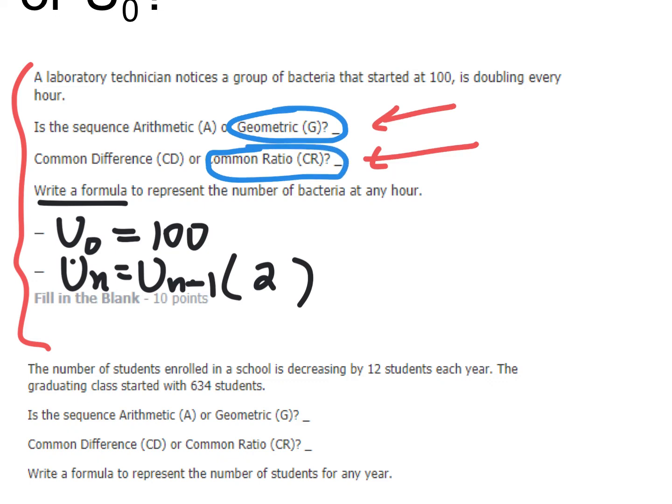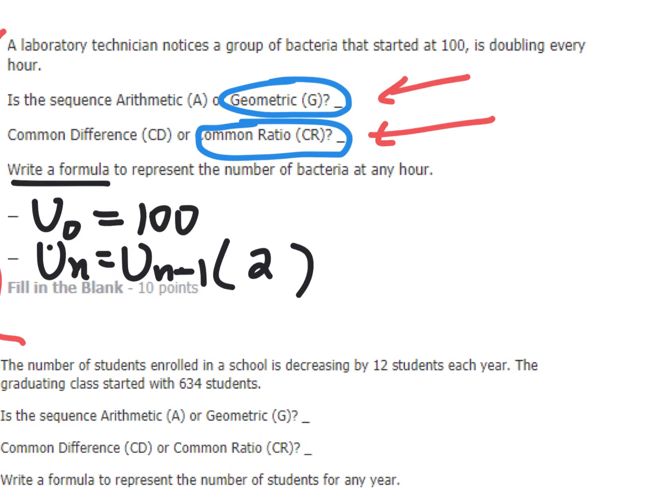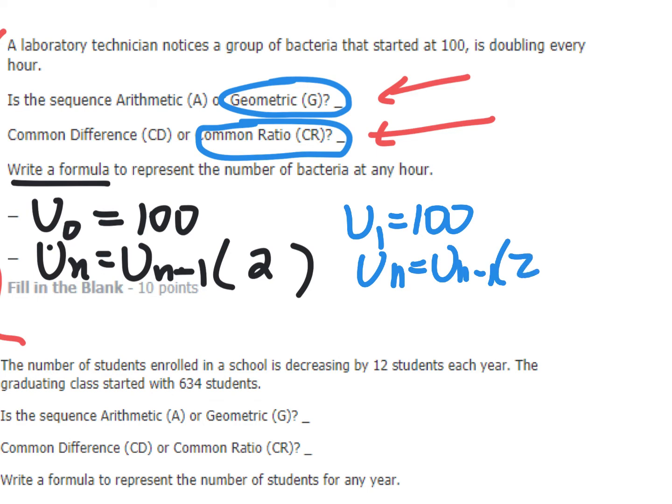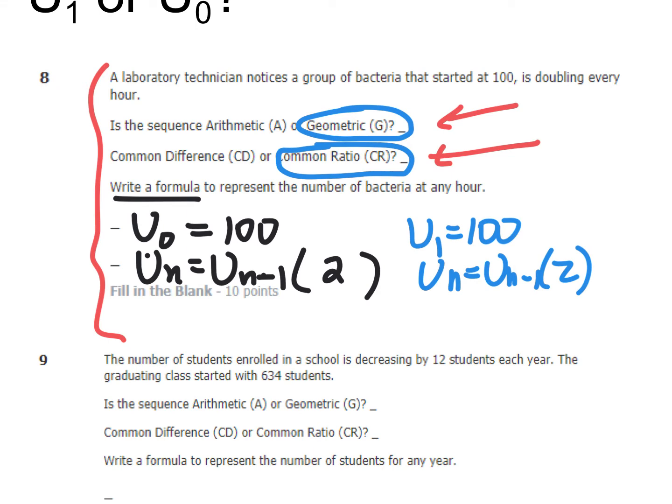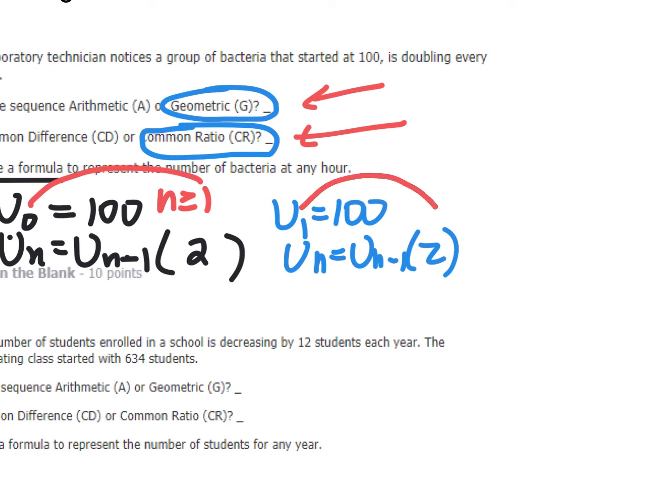So, all right. Now, let me just show you what would have been different if you'd said u sub 1 equals 100. U sub n equals u sub n minus 1 times 2. Looks pretty much the same, doesn't it? If you did have a domain, which you should, n greater than or equal to 1 for this one, and n greater than or equal to 2 for this one, because remember this little domain thing is always 1 bigger than the n you started with.